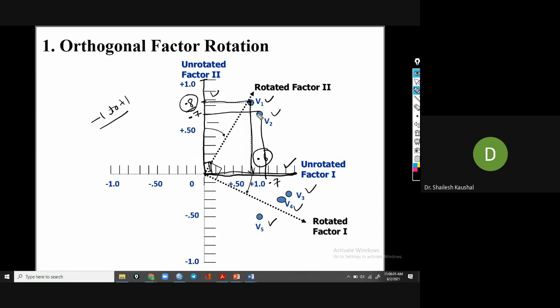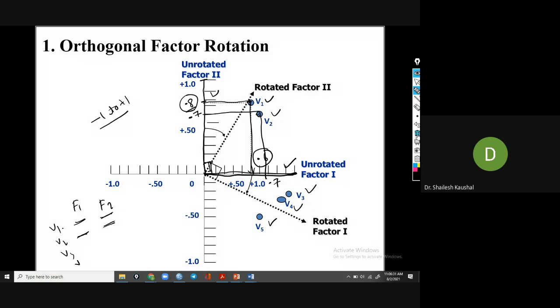So there are two factors, f1 and f2, and variables v1, v2, v3, v4. One variable gives a high value under this factor and also under that factor; likewise variable 2 gives a high value under f1 and a high value under f2. That is not desirable for our study.